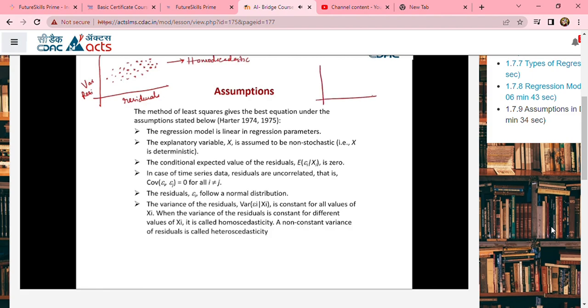Whenever they take the shape like this, which is nothing but a funnel shape, so if you just take the external data points, it takes the shape of a funnel, then it is called heteroscedastic in nature. So one of the assumptions of the simple linear regression model is that the variance of the residuals should be homoscedastic in nature. So these are the assumptions of the regression model.